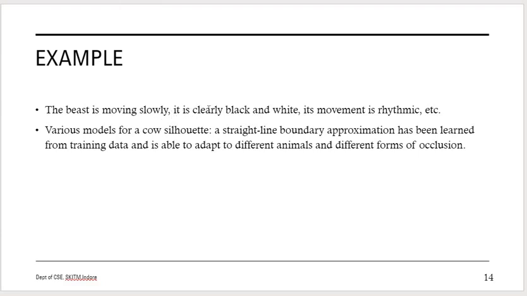The movement is rhythmic, either going front, back, left or right. Various models for the cow silhouette, a straight line boundary approximation, have been learned from training data and are able to adapt to different animals and different forms of occlusion.